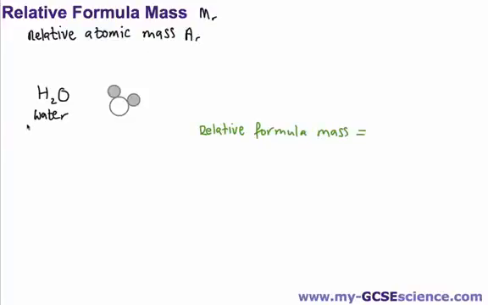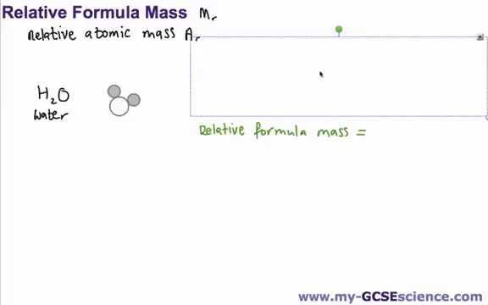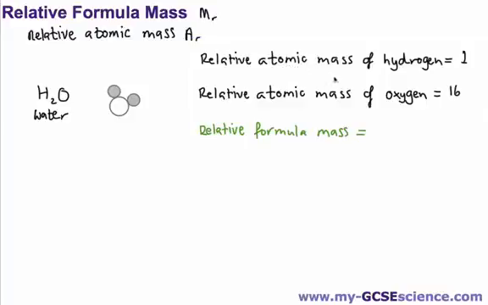So here's a compound, it's water. How would I find the relative formula mass? Well, we need an extra bit of information, and that is the relative atomic masses. For hydrogen it's 1, and for oxygen it's 16. So here's the molecule of water, H2O.